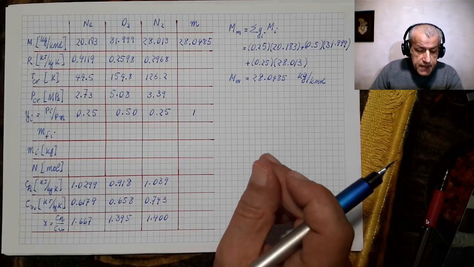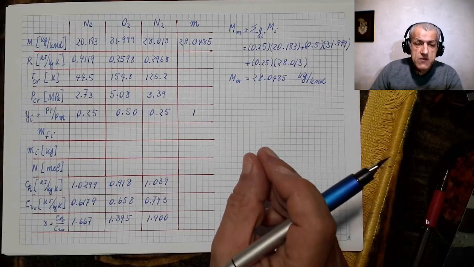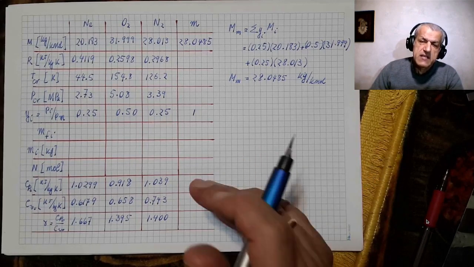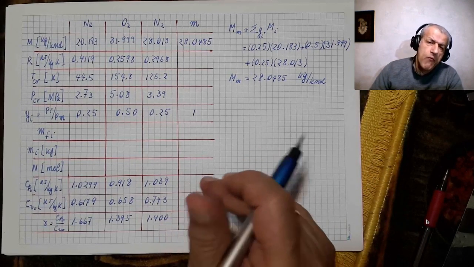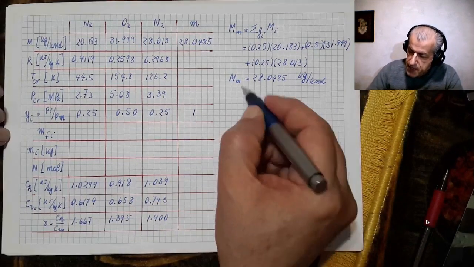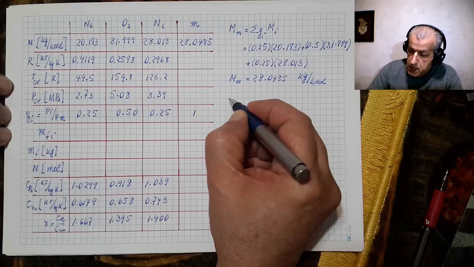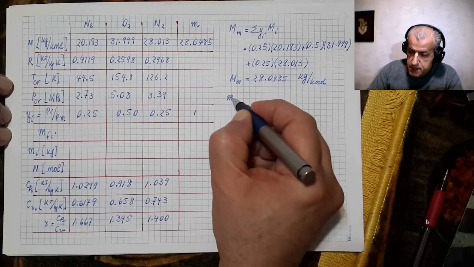Now, there is a very key equation which basically transfers everything from a molar basis to a mass basis. The equation gives us the mass fraction for individual items.